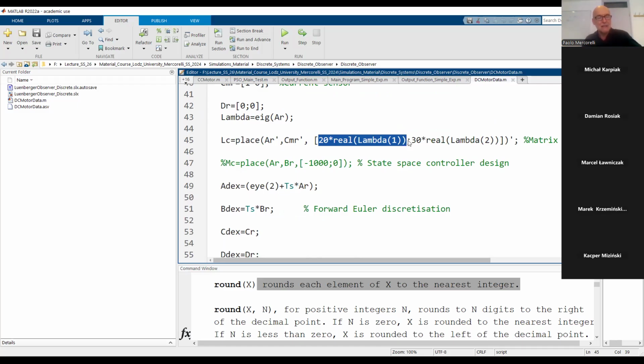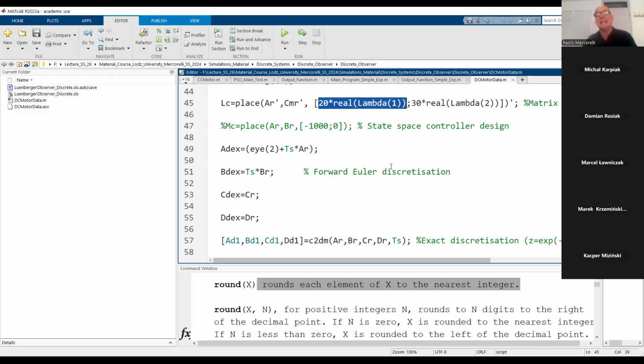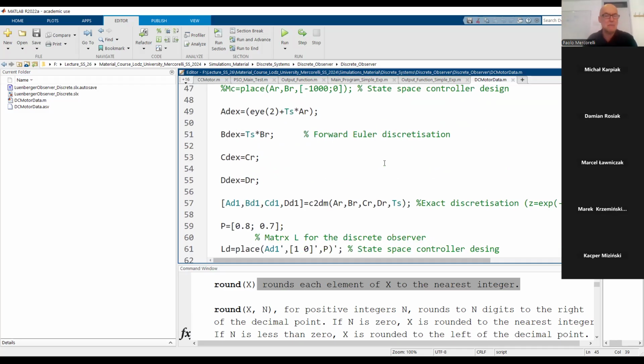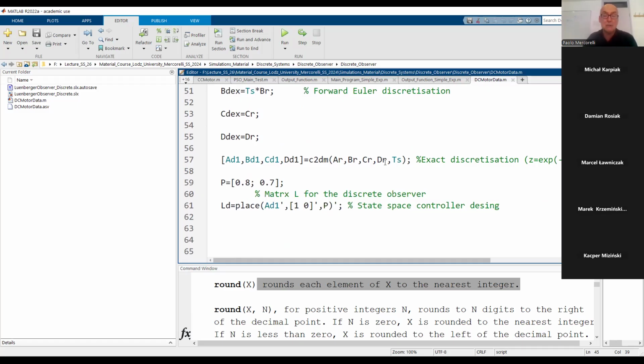Z equals 1 minus S multiplied by TS. We calculated the position in Z. Do you remember this? Z equals 1 minus S multiplied by TS. Yeah, something like that. It could be that I realized it, but I don't remember. It doesn't matter. The important thing is to understand the concept.